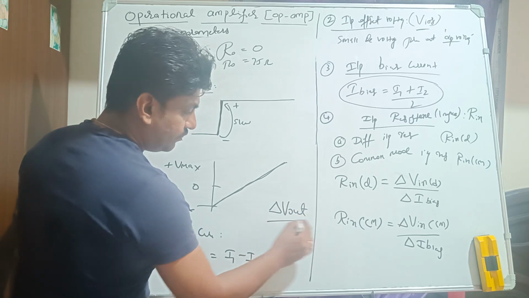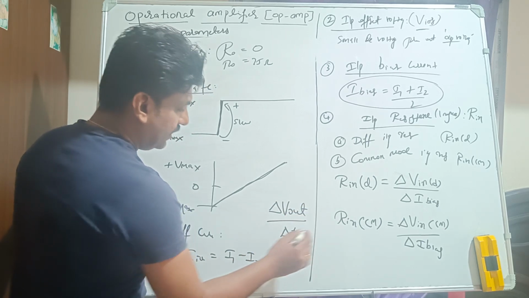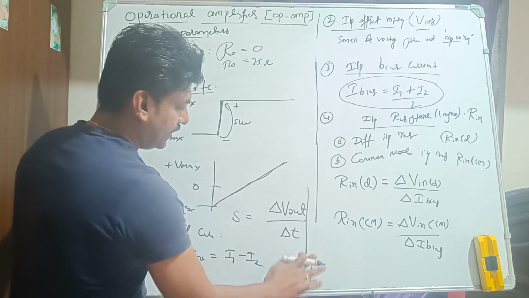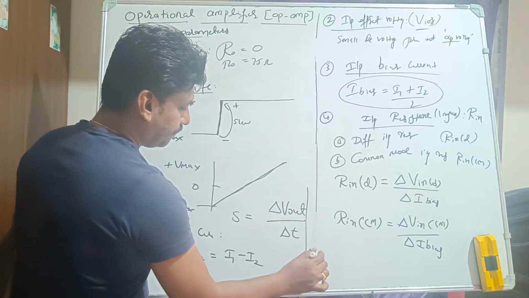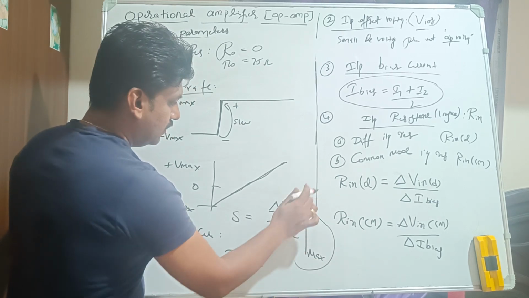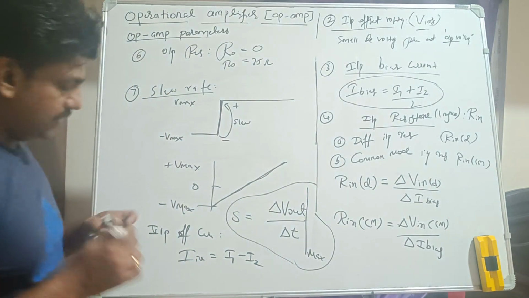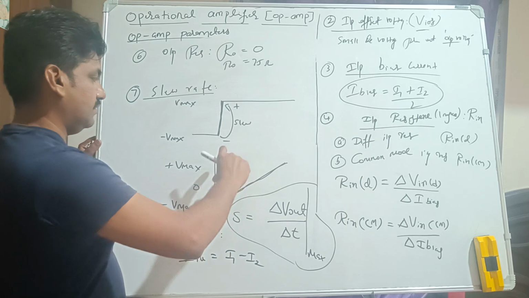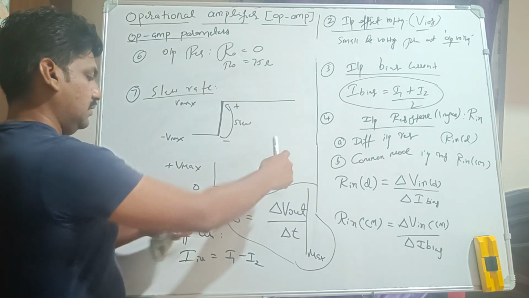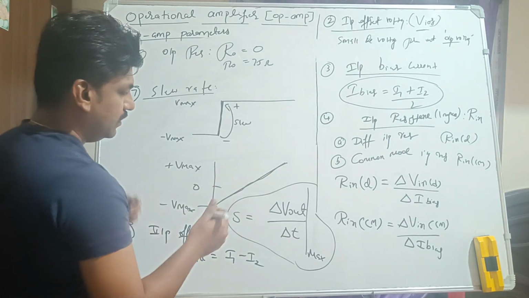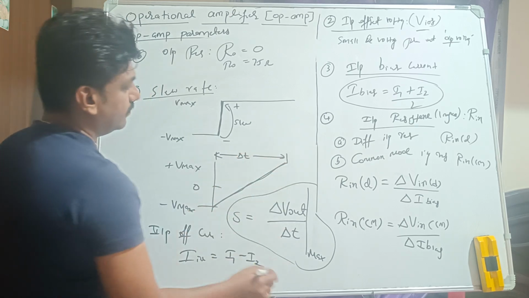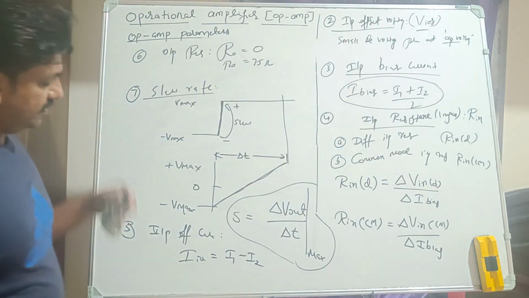Rate means with respect to delta T. So it is slew. We can write slew rate as the maximum output change, that is this much, with respect to time. What is the time? We write it as delta T, the time we have seen, right? So this is the slew rate.